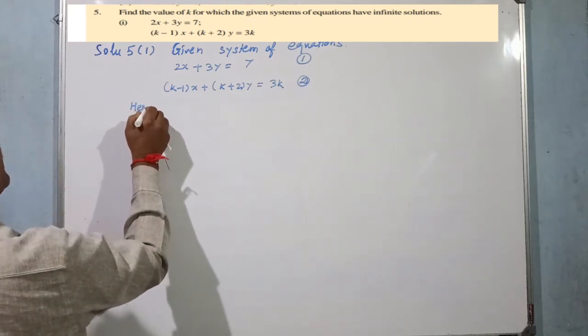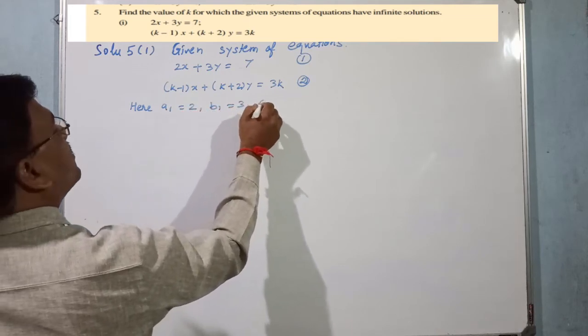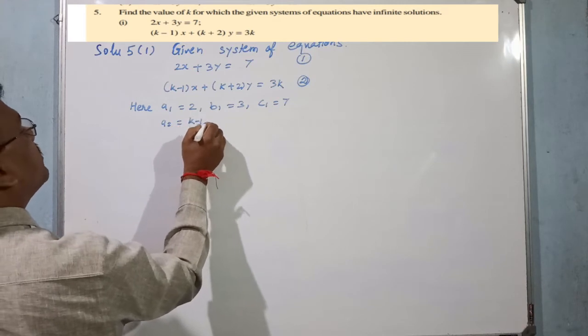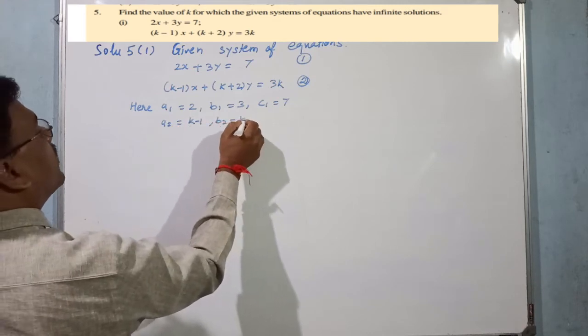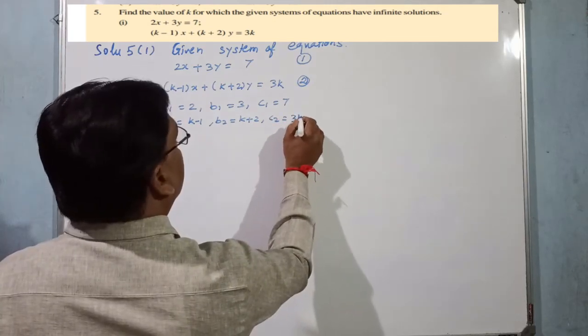Here a1 2, b1 3, c1 7, a2 k minus 1, b2 k plus 2 and c2 3k.